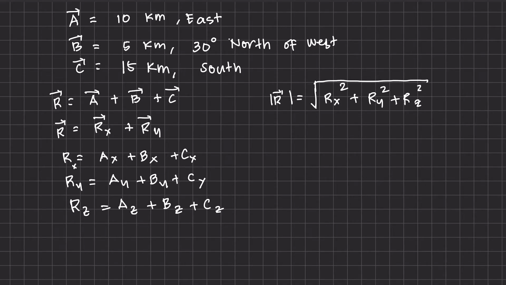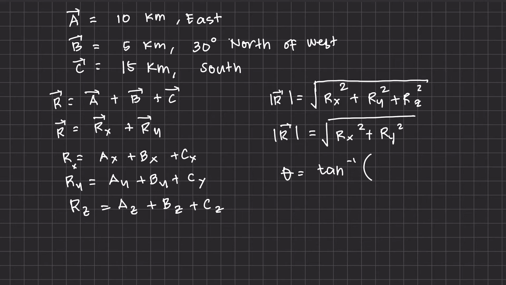And since this one is just two-dimensional, we have the X and Y components only. So this is just the square root of Rx squared plus Ry squared. And for the direction, we could have theta equal to arctan of Ry over Rx.